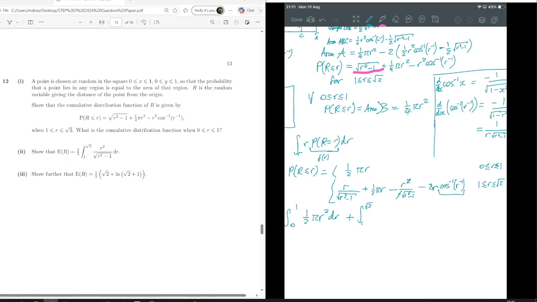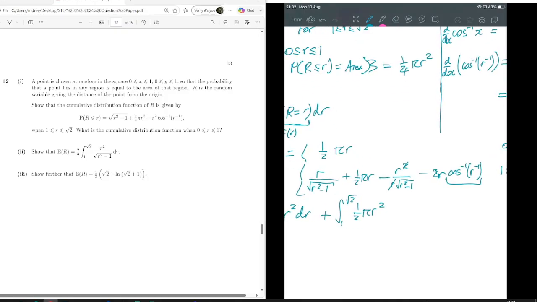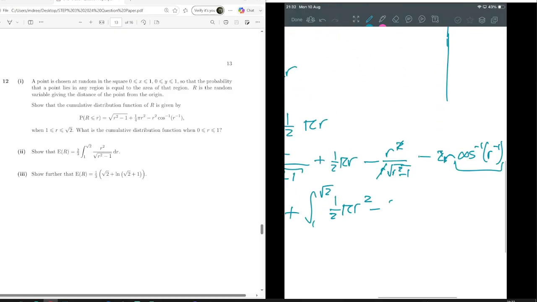Now, one thing that does happen is that cancels with that, which I would say is very surprising, but these things are often quite symmetric. So we have the half pi r squared minus 2 r squared cos inverse r inverse dr.